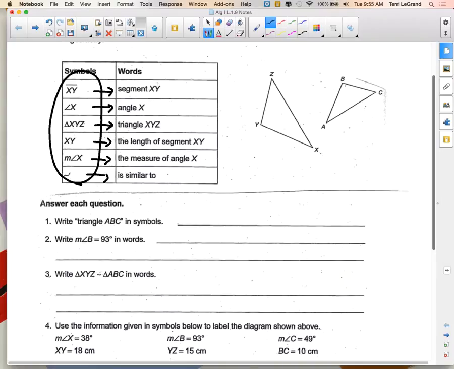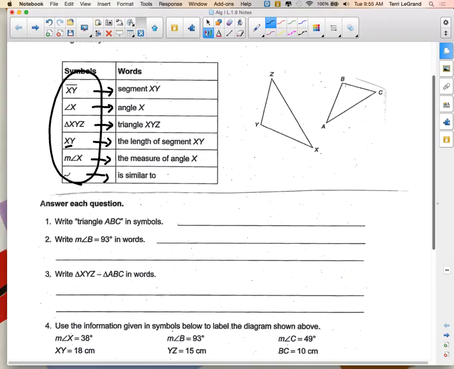When XY, the next one here, is written without anything above it, in other words, it doesn't have that little line segment above it, now we're supposed to refer to something else. Instead of just saying line segment XY, what are they asking us for? What about the line segment XY? What does it say in the table? The length of it.